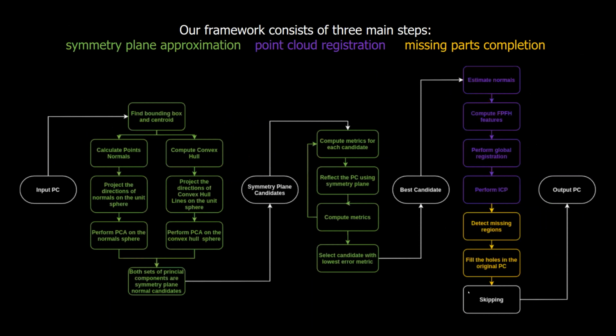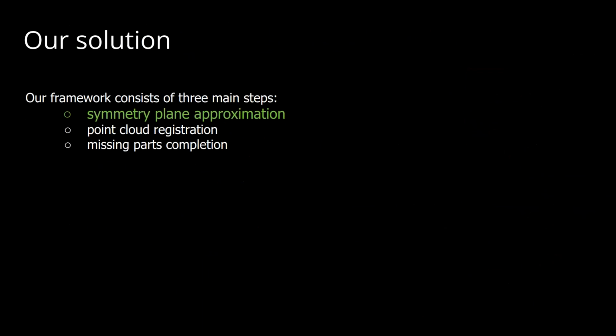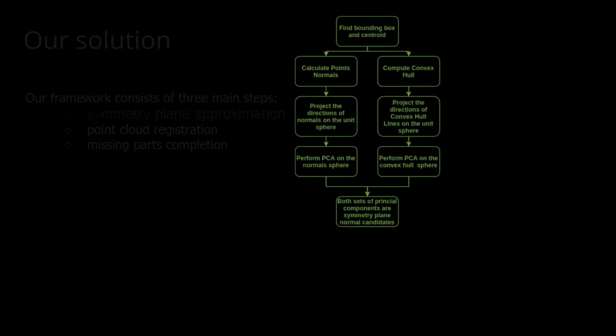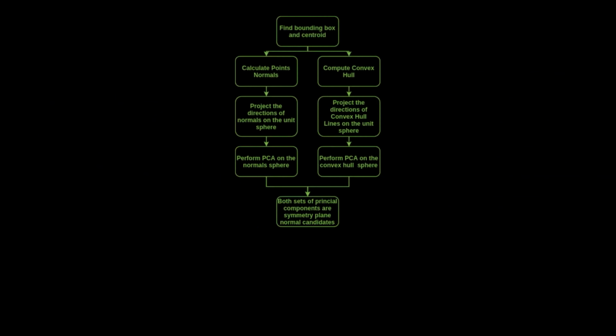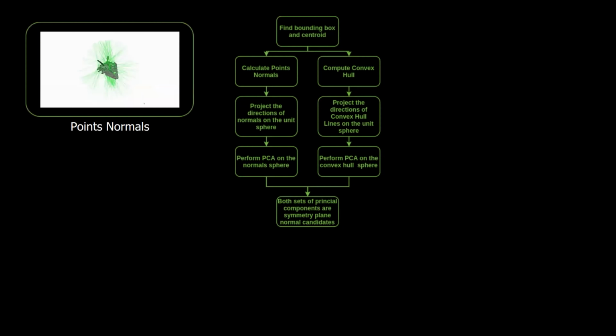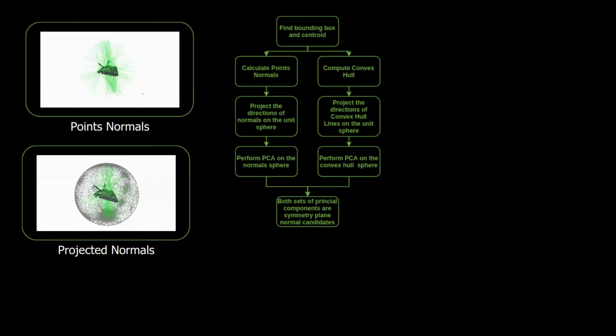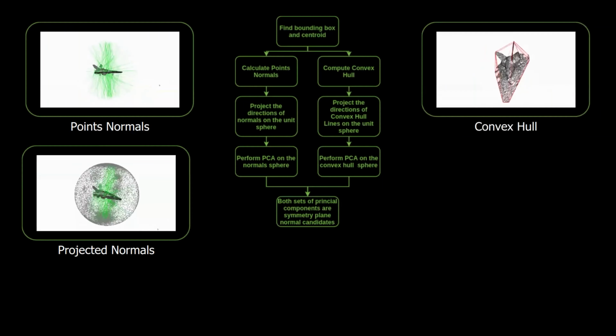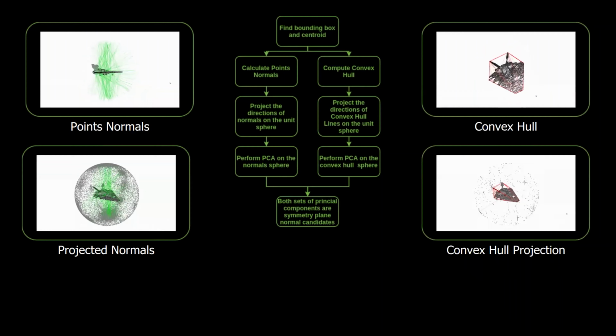On this slide, you can see the general pipeline of our framework, and let's go through it step by step. The first step is symmetry plane approximation. For this step, we have two ways. The first is to calculate point normals and project them onto the unit sphere. The second is to compute the convex hull points and project them also onto the unit sphere.